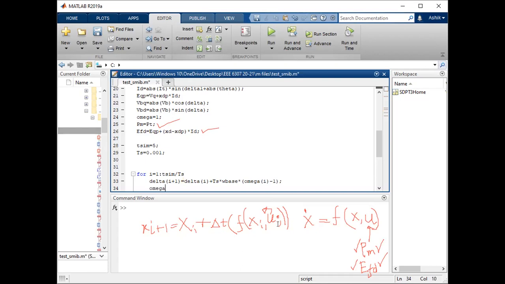Next, the second equation is for omega dot. So we should write omega I plus 1 equals omega I plus TS. Then what did we have? We had 1 upon 2h. So that is our 1 upon 2h multiplied by TS.